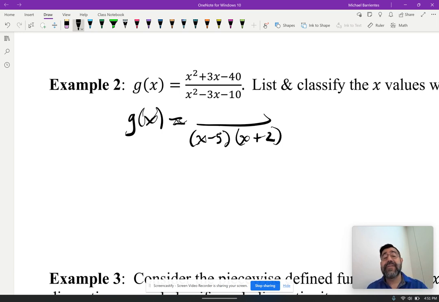So I need to factor the numerator as well to see if there are any common factors. If there are common factors on top and bottom, then those are going to be deleted points, and whatever's left over is going to be a vertical asymptote. If I factor this out, 40 can be factored into 8 and 5, so I think this is plus 8 and minus 5.